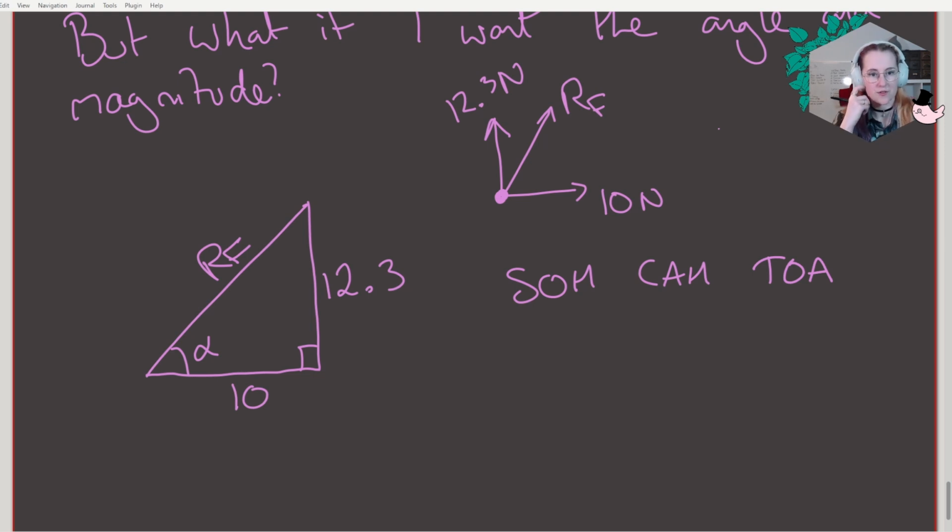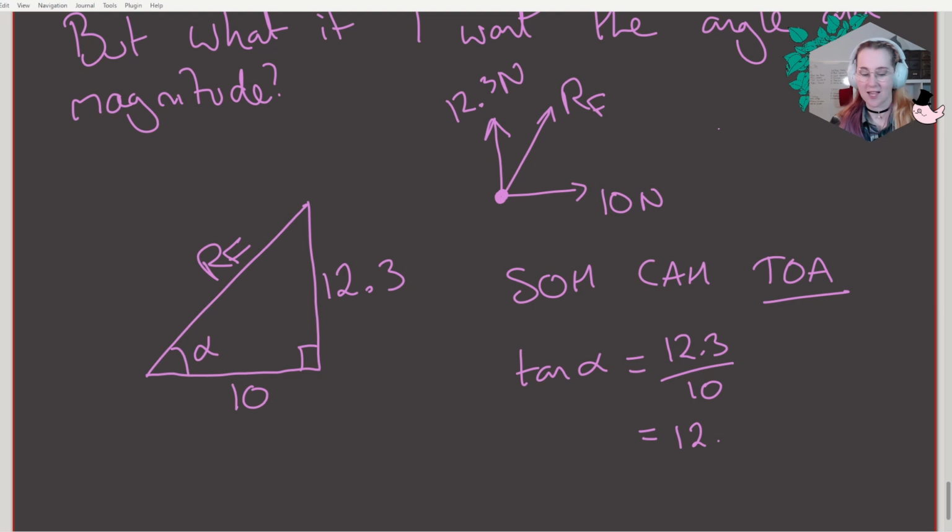If I want the angle first, I can't use the hypotenuse, we don't know what it is yet. So we use TOA. Tan alpha is opposite over adjacent, so 12.3 over 10, which is 1.23. Don't know why I needed a calculator for that. Don't come for me. 1.23. We're trying. And that gives us that alpha.